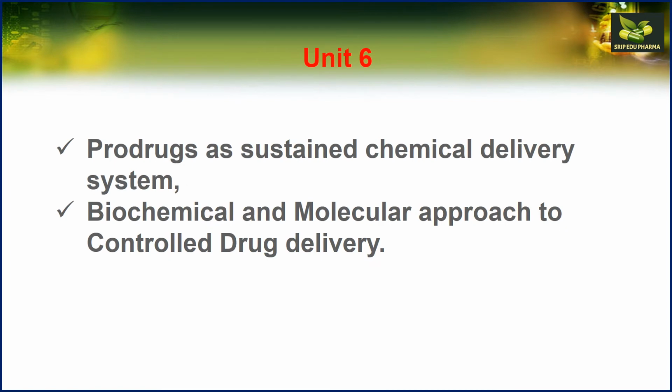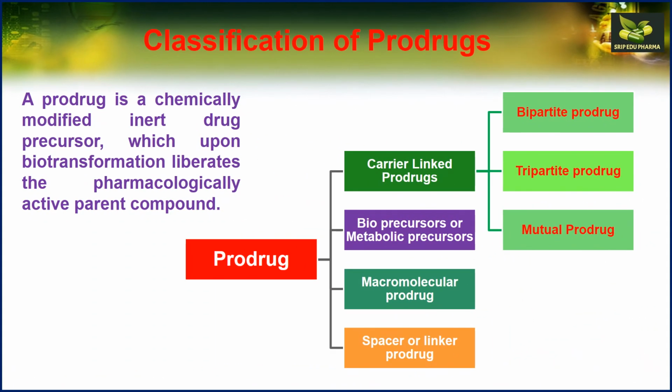The last unit of this subject is prodrugs as sustained chemical delivery systems and biochemical and molecular approach to controlled drug delivery. In prodrugs, you have to study what you mean by prodrug and the various approaches or techniques by which prodrugs are prepared.